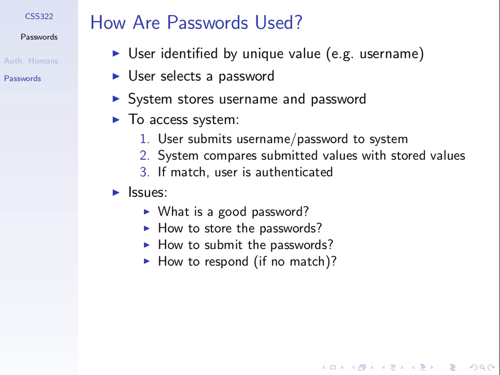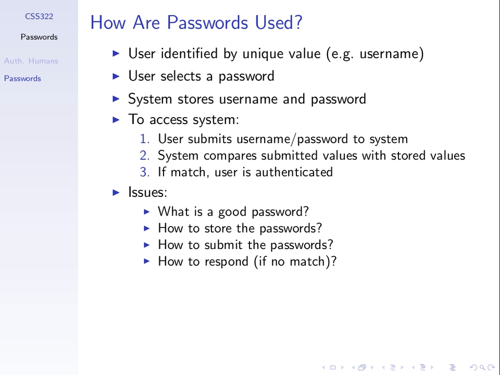So a user is identified by a unique value, and the secret is the password. The user usually selects the password. Sometimes it's given to them. The system that we're trying to access, that is going to perform the authentication, stores that username and the password that you select in some file or database.